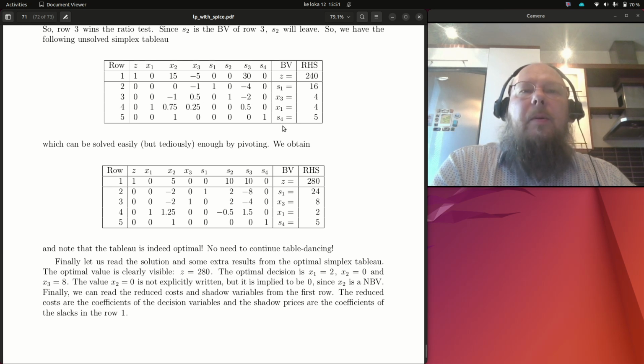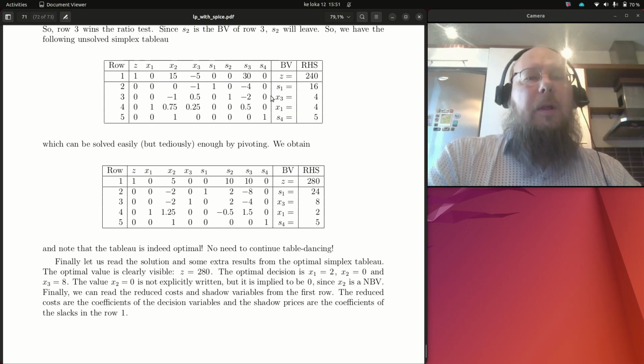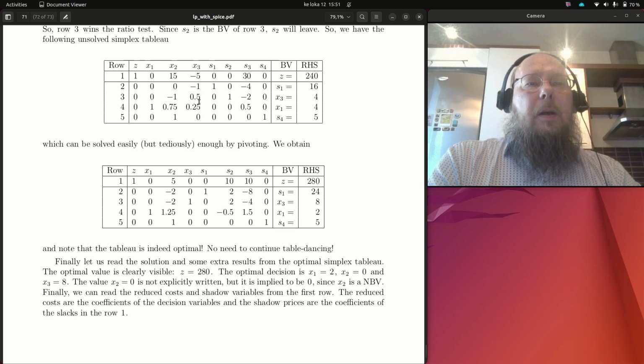And then we have to remove this minus 1, this minus 5, and this 0.25 by pivoting around this. And this is what happened. So let me just explain for the first row what happened there. So in the first row, the X3 was minus 5, and this is 0.5.